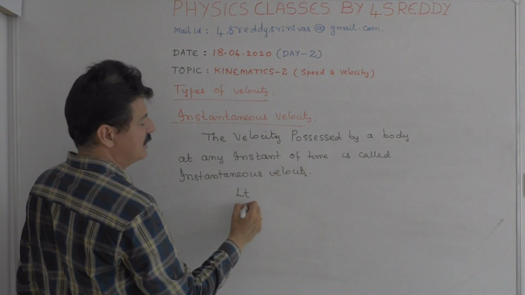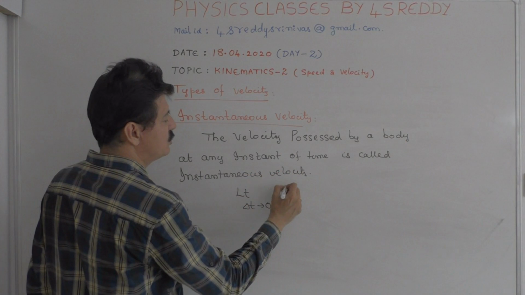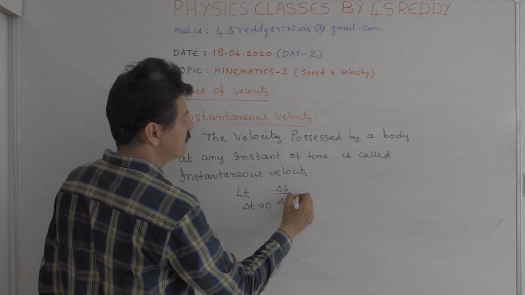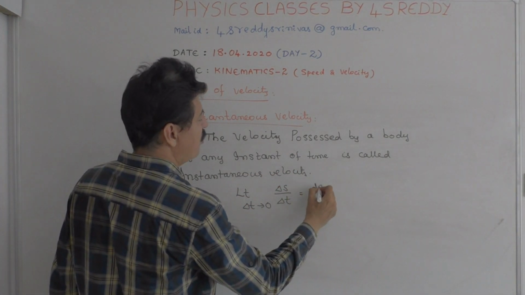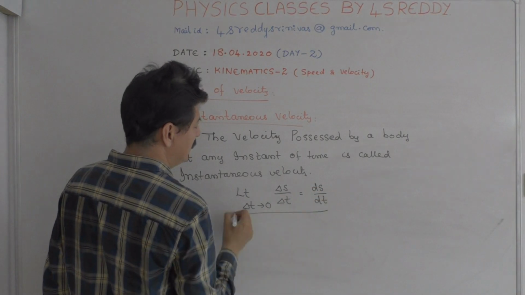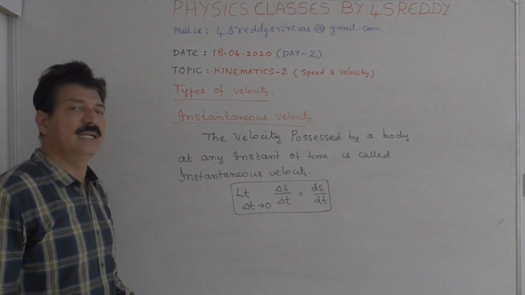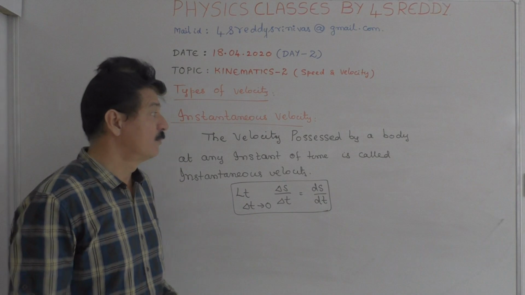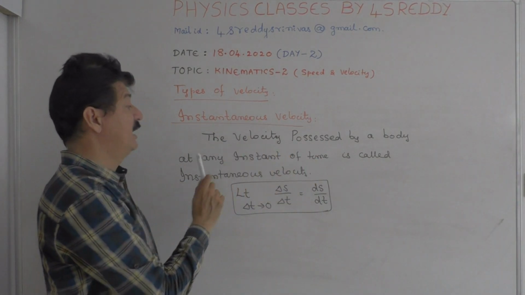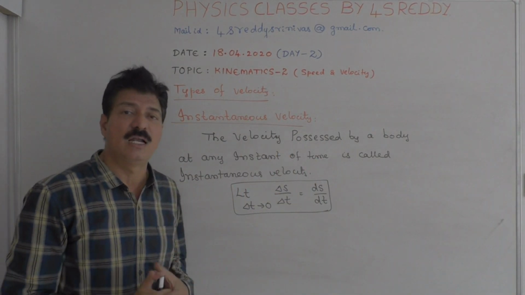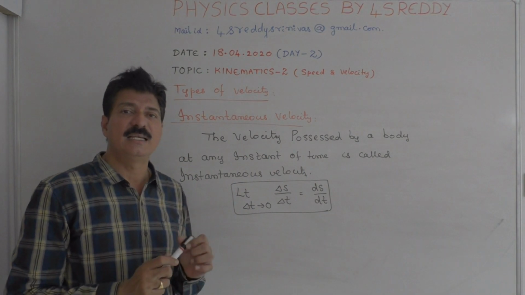This is also represented as limit delta t tends to 0, delta s by delta t equals ds by dt. This is the representation of the instantaneous velocity.